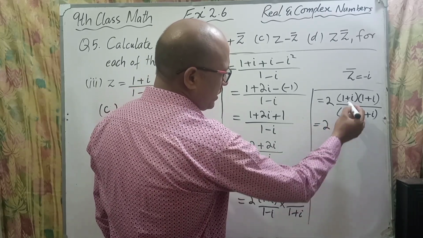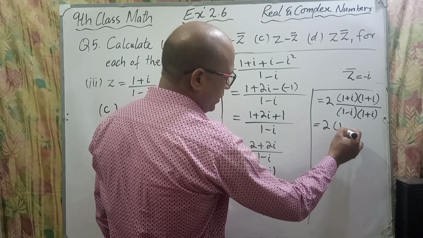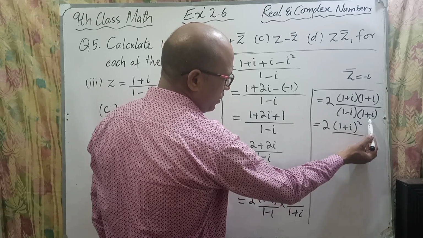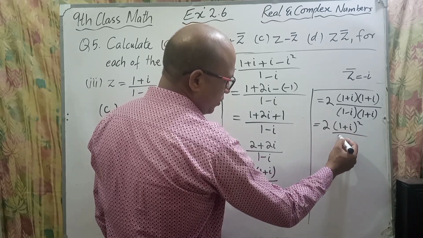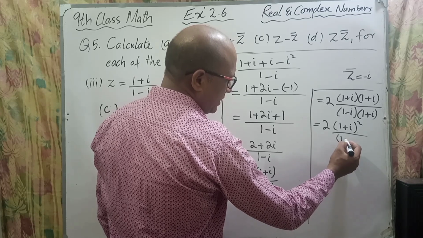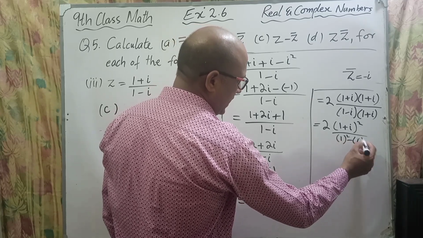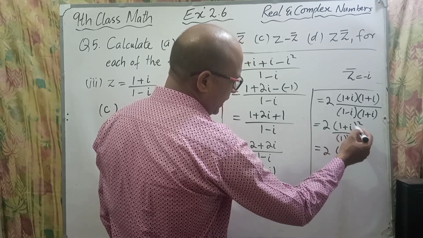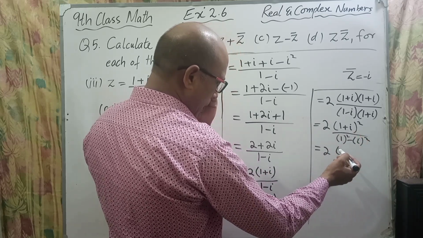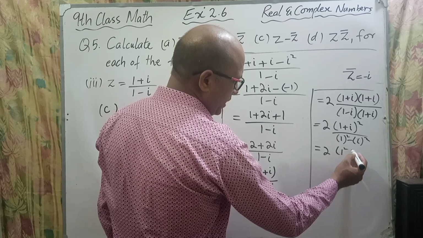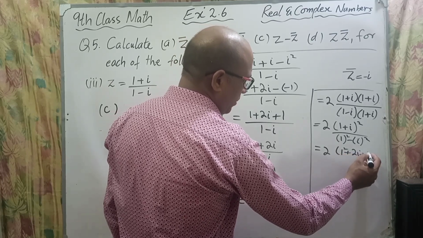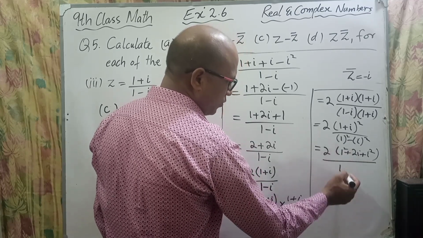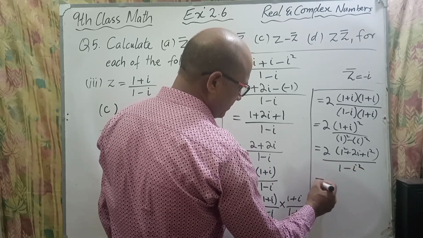These two are the same, so we can write it in square, and these two are the same but have different signs, so we'll apply the formula: square of first term minus square of second term. 2 into opening the square of this number, 1 square, 1 plus 2 iota plus iota square over square of 1 is 1 minus iota square.